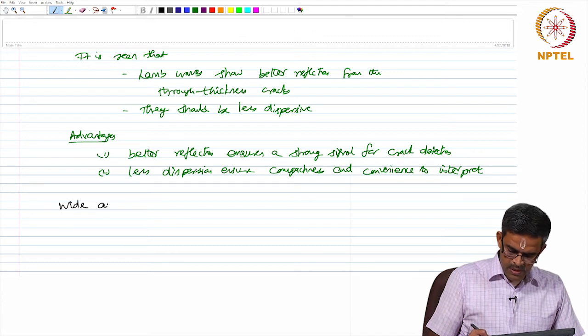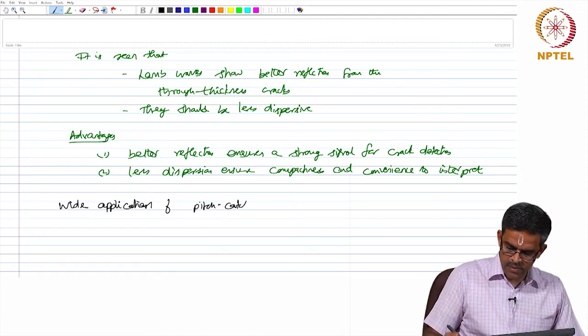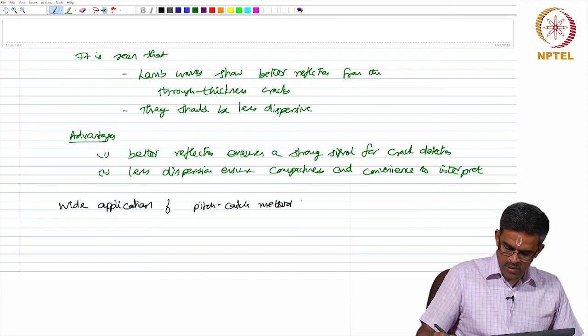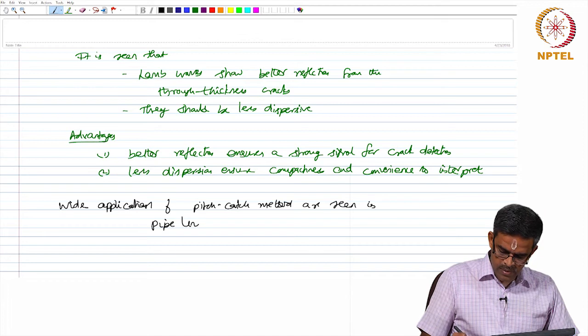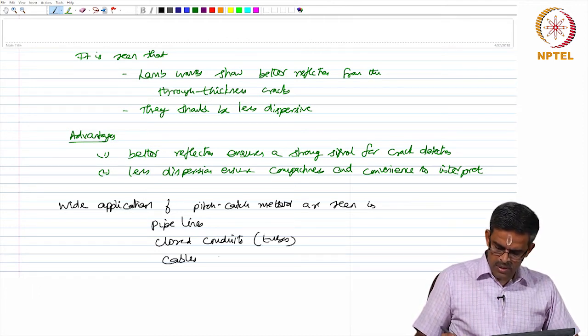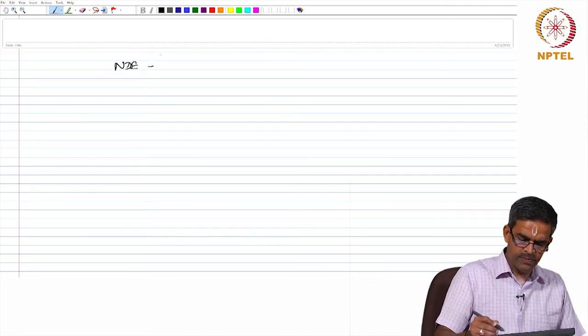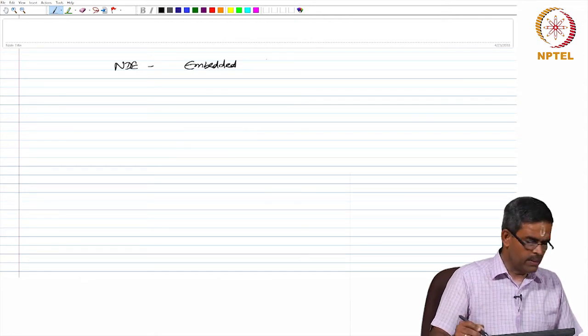In various places, wide applications of pitch catch method are seen in closed conduits, that is tubes, cables, etc. NDE also uses another technique called embedded phase arrays.